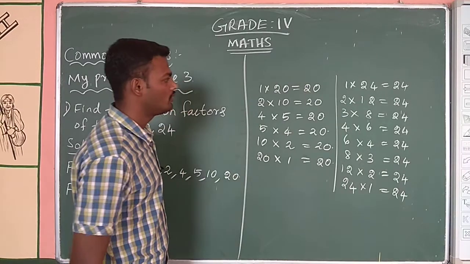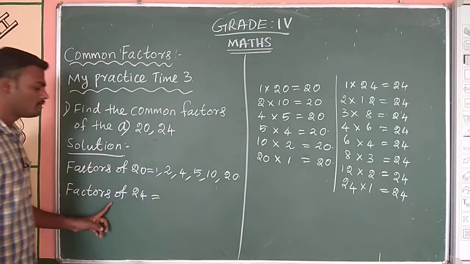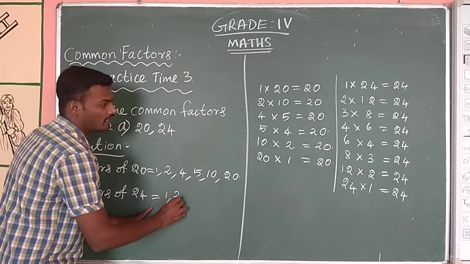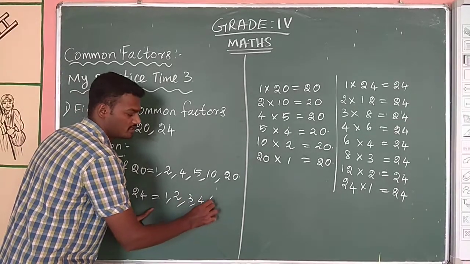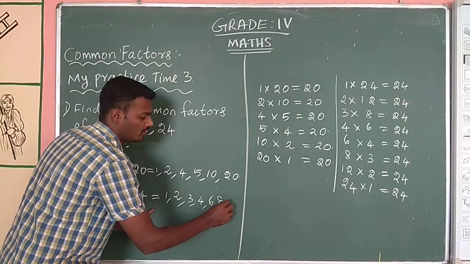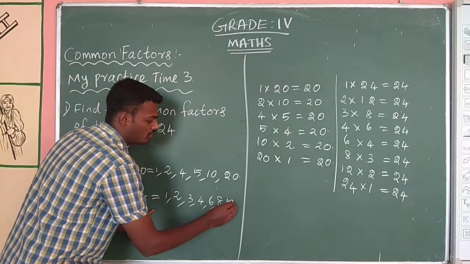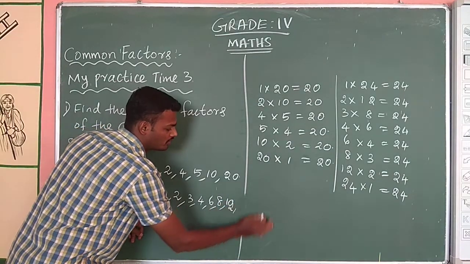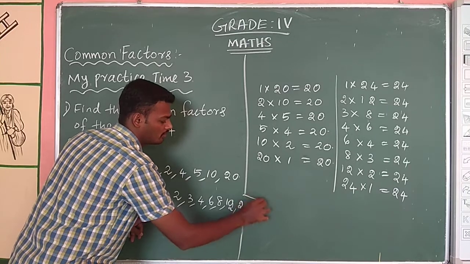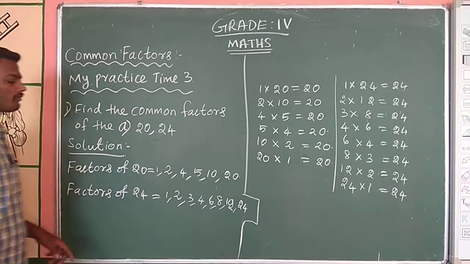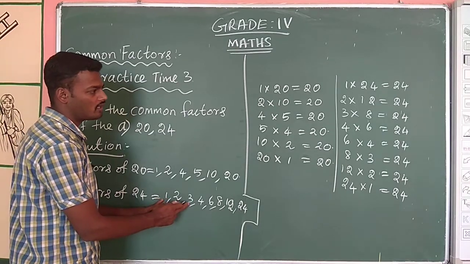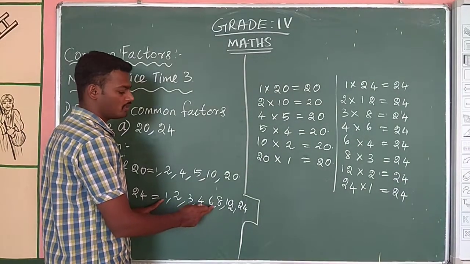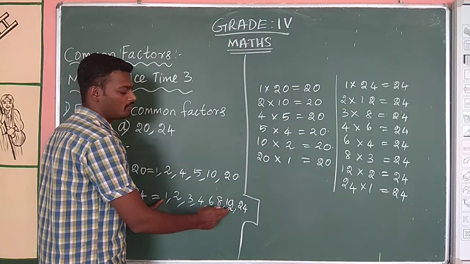So 24 comes in the first, second, third, fourth, sixth, 8th, 12th and 24th tables. So factors of 24 are the first, second, third, fourth, sixth, 8th, 12th and 24th tables.